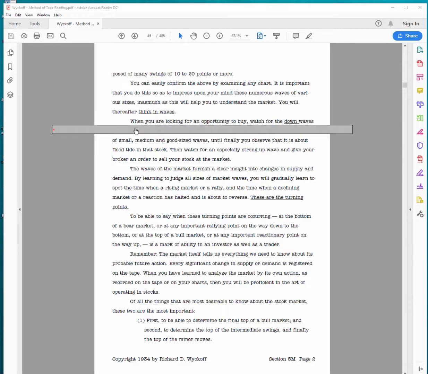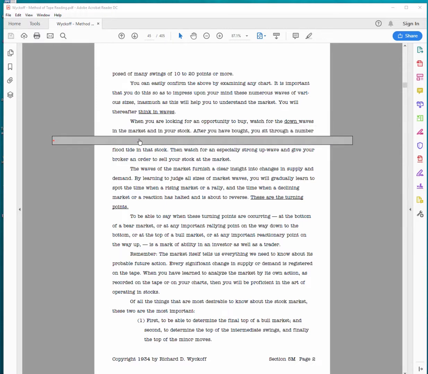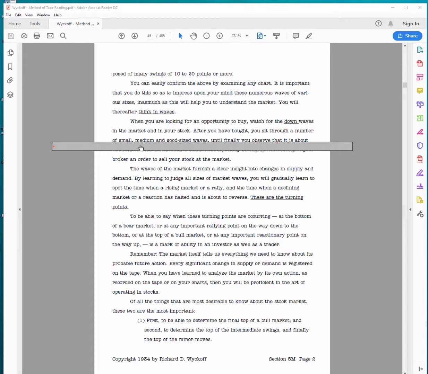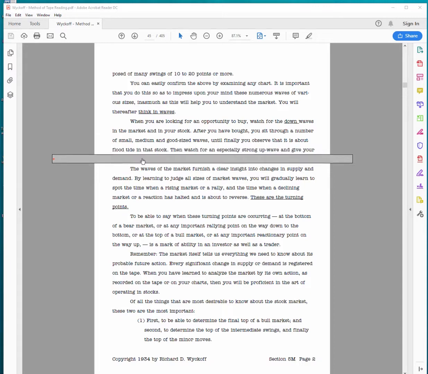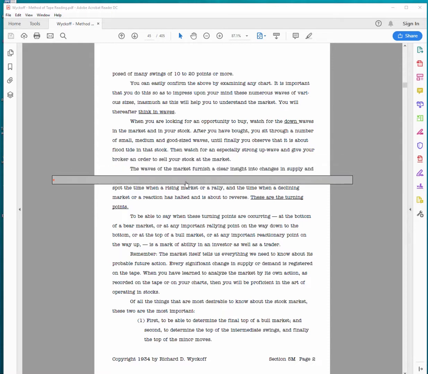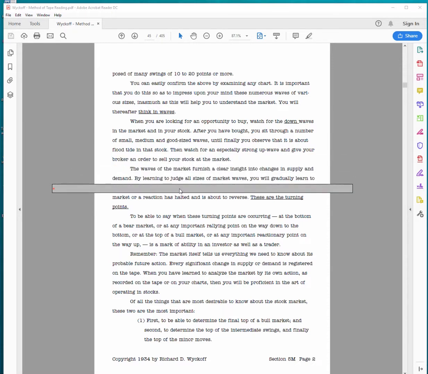Anyway, when you are looking for an opportunity to buy and watch the down waves in the market and in your stock, after you have bought, you sit through a number of small, medium, and good-sized waves until you see a climax or a very strong rally, and that's when you get out. The waves of the market give you a clear insight in the changes of supply and demand. The waves in the market tell you which side has more relative strength.